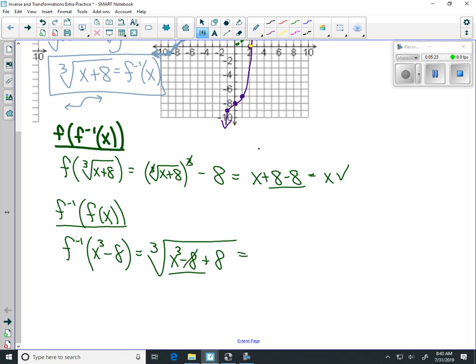So here, I'm going to cancel my 8's first. And then our cubic and our cube cancel each other. Lovely. Extra practice with inverse.